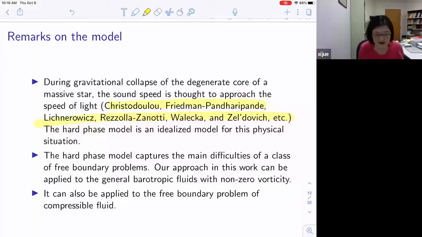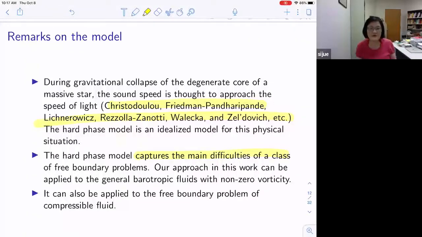The half-phase model is similar to water waves. Most of the time we study incompressible, irrotational fluids because that actually captures the main difficulties of a class of free boundary problems. In fact, our approach applies to general barotropic fluids with non-zero vorticity.